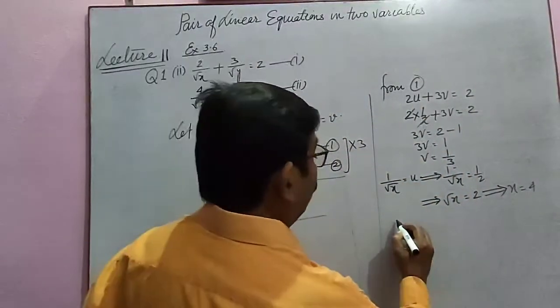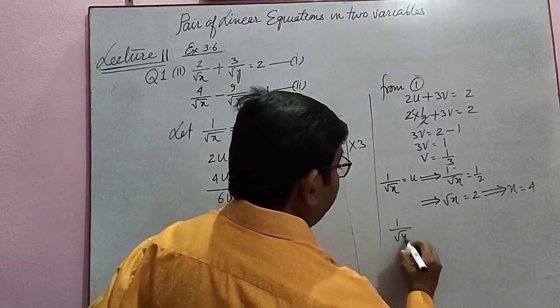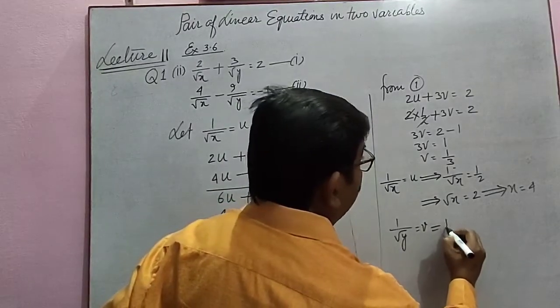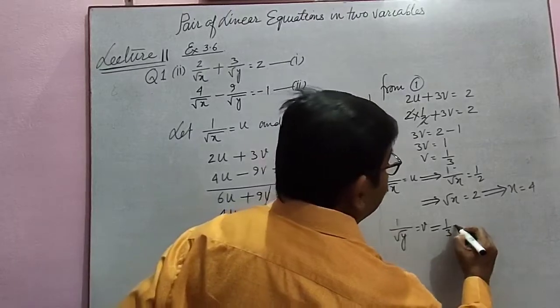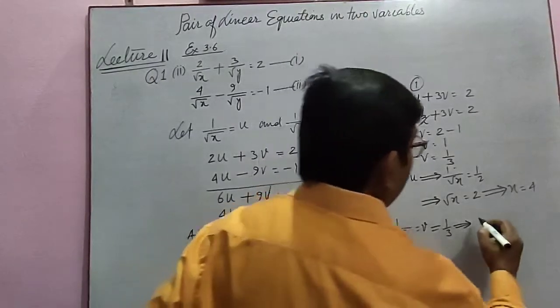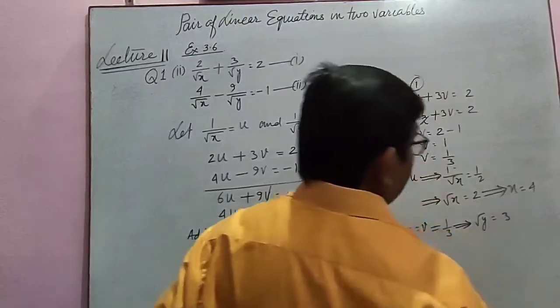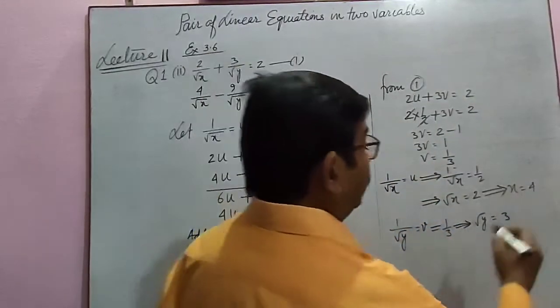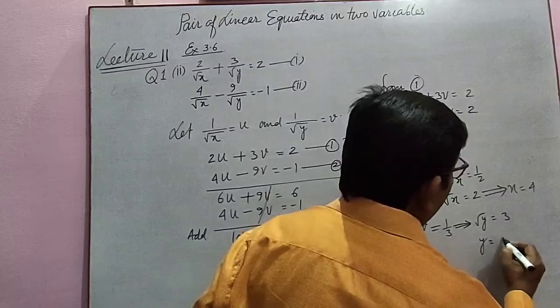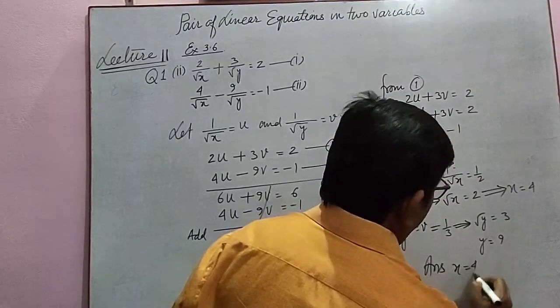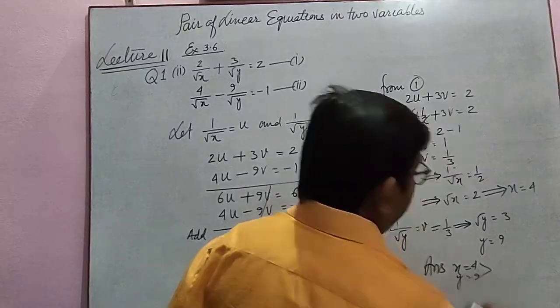Similarly, 1 upon root y is equal to v, and its value is 1 upon 3. So take the reciprocal. Root y is equal to 3. So get the value of y, squaring this. So we have y is equal to 9. So the answer is x is equal to 4 and y is equal to 9.